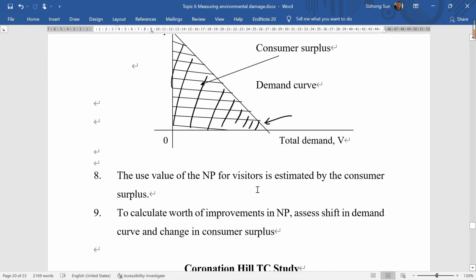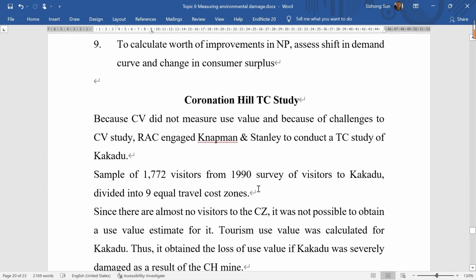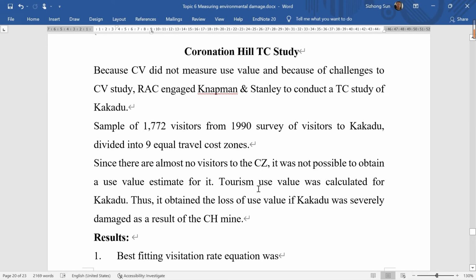So to calculate the worth of improvements in a national park, we can assess the shift in the demand curve and the change in consumer surplus accordingly. Okay, here's an example. Coronation Hill travel cost study.